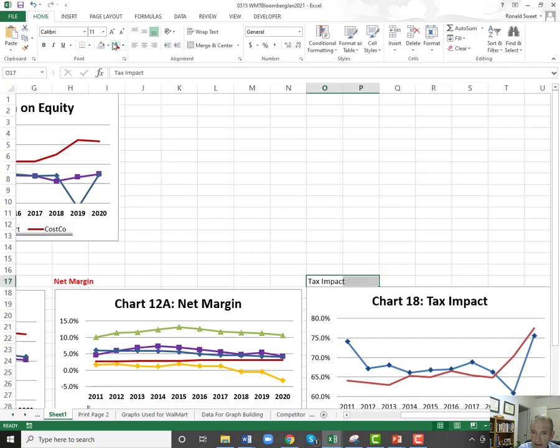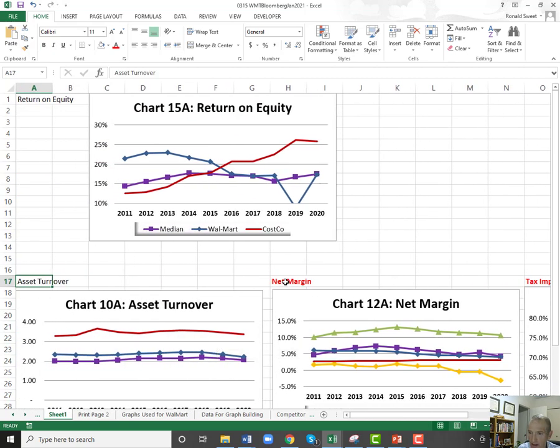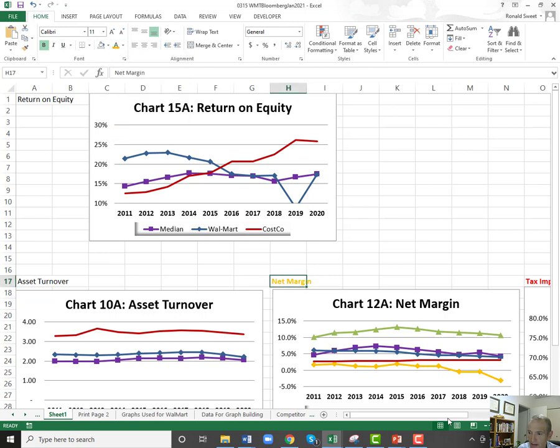Now for a lot of your companies, taxes won't be an issue. And you can see changing the axis has a big impact on how volatile the chart looks. So more than likely taxes is an issue. Doesn't look like turnover is. Turnover is very, very flat for both companies. Margins is probably not as big an issue as taxes, but it's definitely an issue.